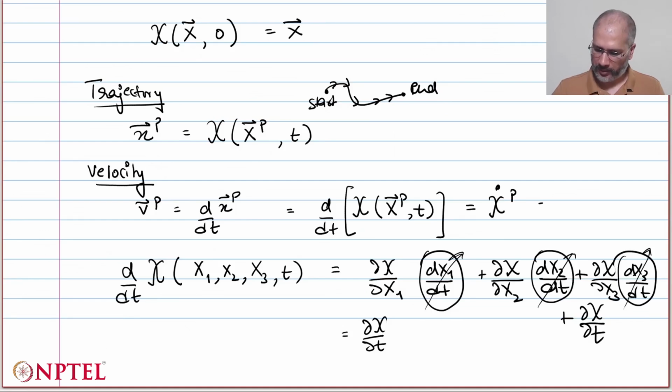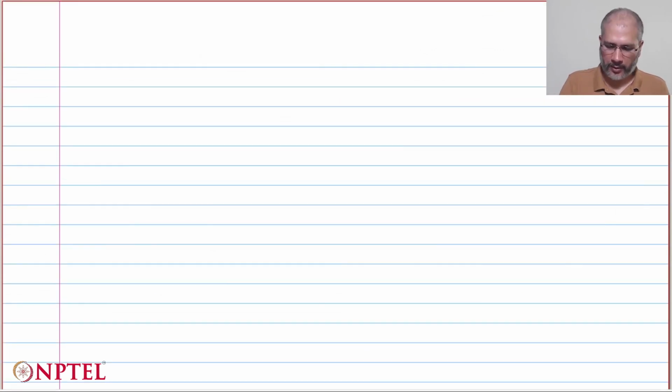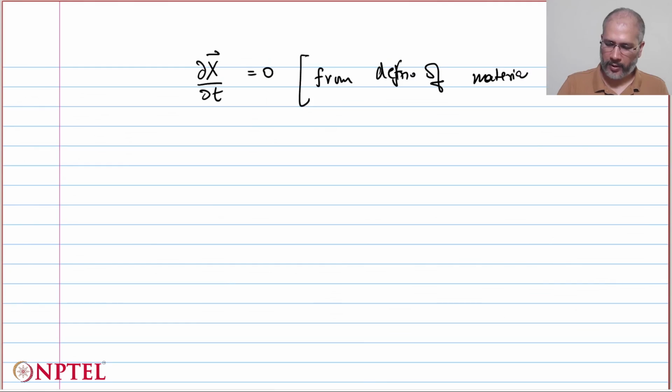So I can write here that this is del by del t of chi for the point P. Again, these ideas get better when you solve problems. So I'll just write here that del capital X by del t is 0 from definition of material coordinates.